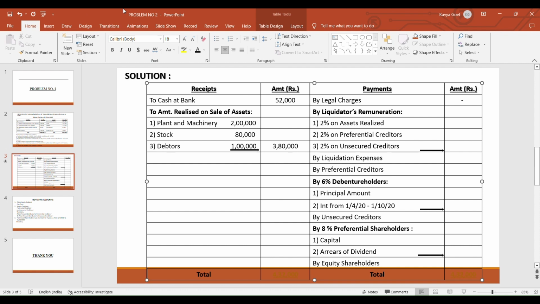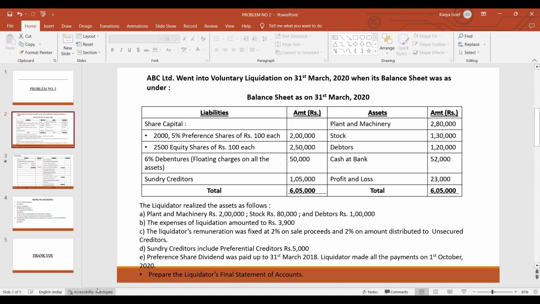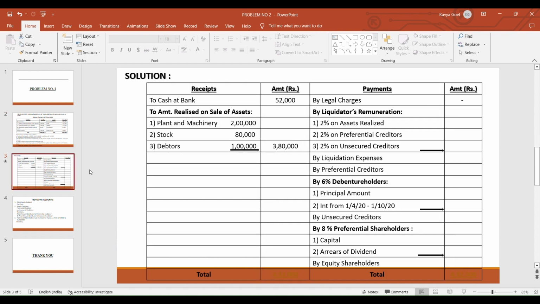Now in liquidator's remuneration, what we are supposed to do, we'll read the adjustment. In the adjustment, it is given that the liquidator's remuneration was fixed at 2% on the sales proceeds. The first part of this is 2% on the sales proceeds. What does that mean? The 2% was fixed on, it's nothing but the assets realized. So we will write 2% on the assets realized. So for calculating that, let's make notes to account.